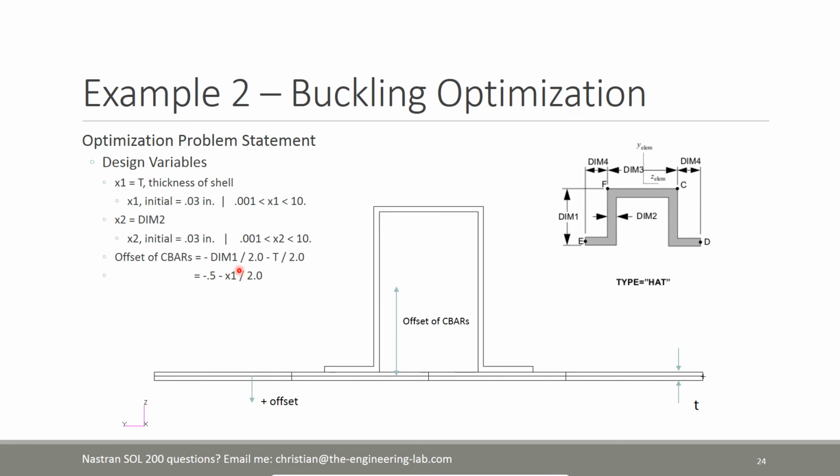And that's given by this expression, negative 0.5 minus the thickness of the shell divided by 2. And since the offset is defined as positive in this direction, our expression should have a negative value in the end, so hence we have negative signs in front of both of these terms.